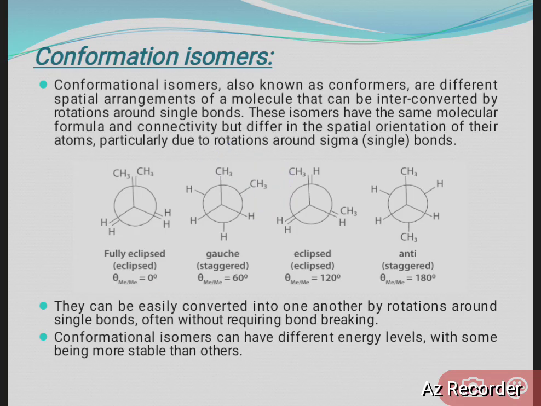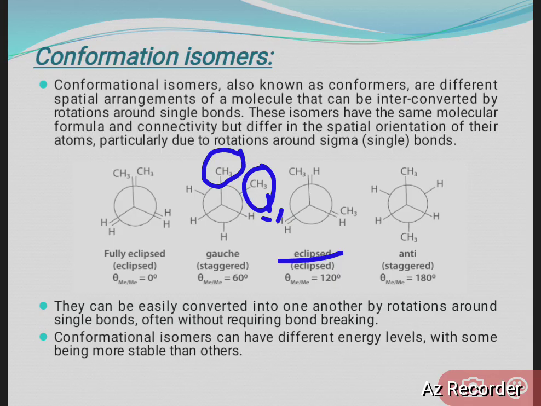Here, in case of staggered, there are again two types. One is gauche, the other one is anti. In gauche, the two similar groups are present adjacent to each other. Next, we again rotate this molecule by 60 degrees. Here we get the eclipsed structure, meaning one is behind the other.